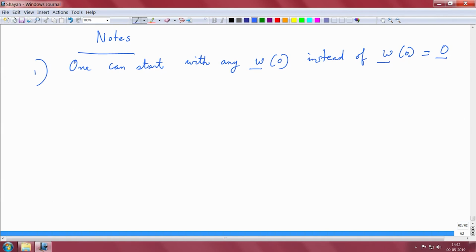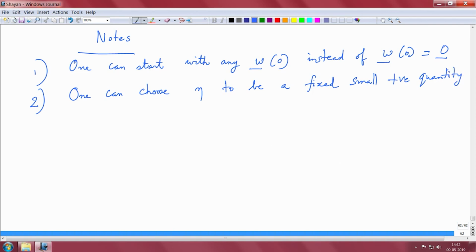So therefore it is okay to start with 0, but you can start with any value, and the other point is one can choose eta to be a fixed small positive quantity, typically between 0 and 1, and still the update should sort of work. And in case you are finding that the update is basically going beyond any bound, then you can always normalize the data and get the algorithm towards convergence.